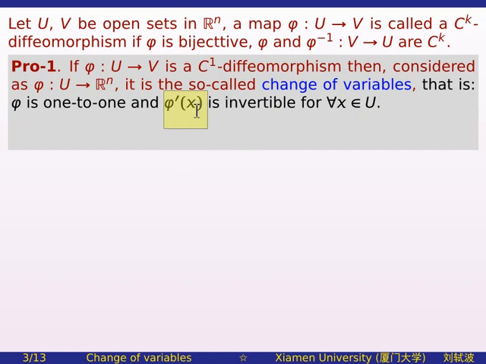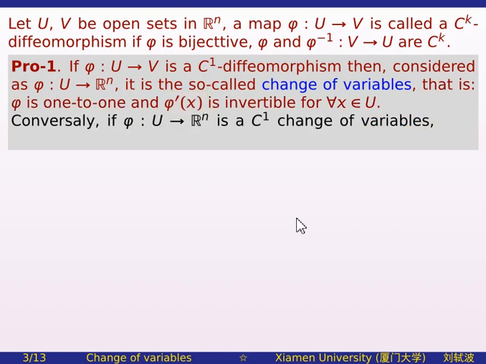So this is an n by n matrix, so it is reasonable to discuss whether it is invertible. So if this map phi, considered as a map from U to Rn, is 1-to-1, and the Jacobian matrix is invertible for every x in U, then phi is called a change of variables. So this part of the proposition says that a C1 diffeomorphism is a change of variables.